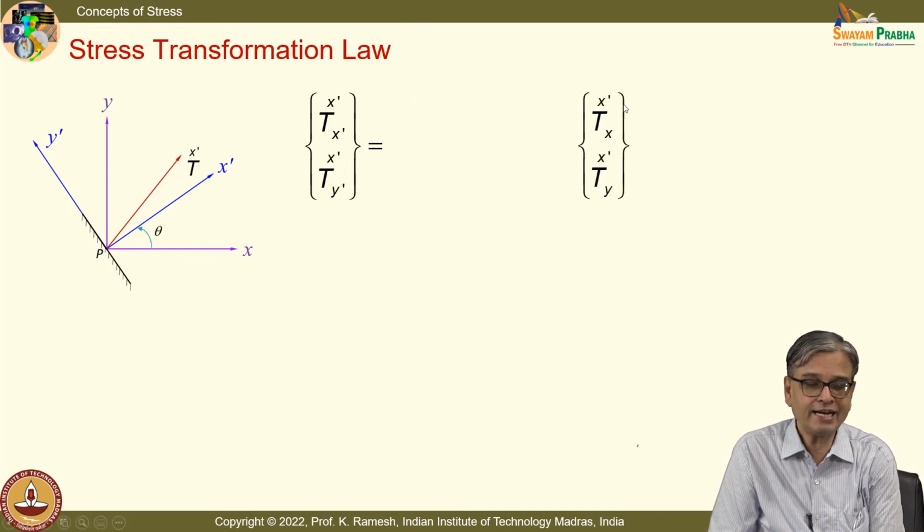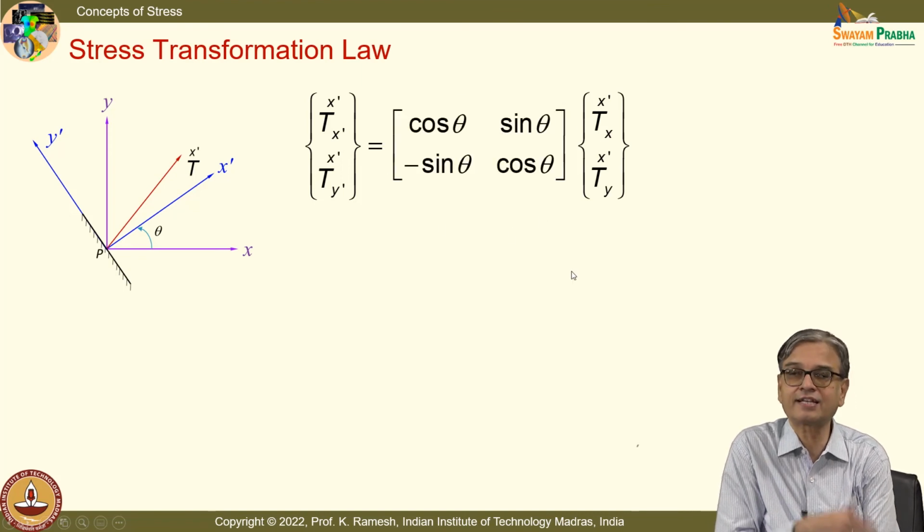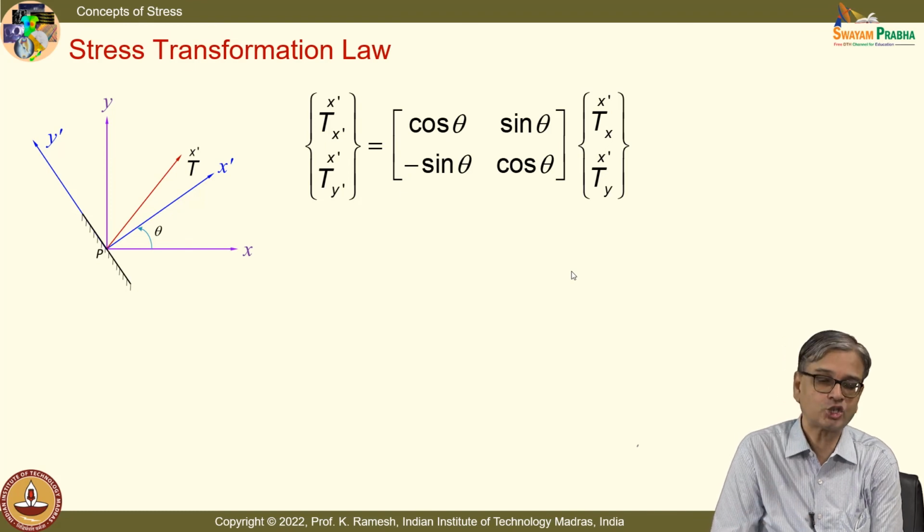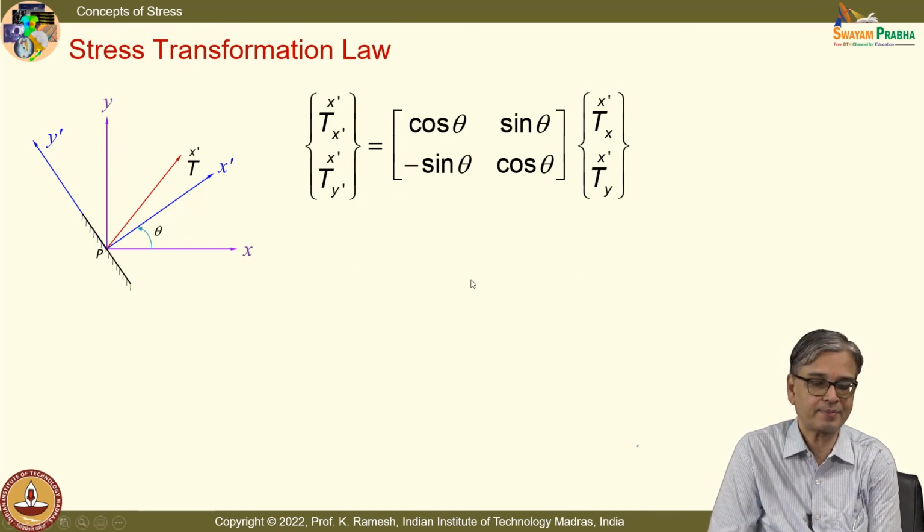So I want to get Tx prime x prime from Tx prime x. So I have to put a rotation matrix here. I have cos theta sin theta minus sin theta cos theta multiplied by Tx prime x and Tx prime y. So when I do the actual multiplication, let us see what happens.